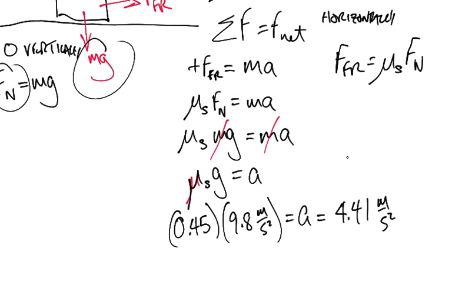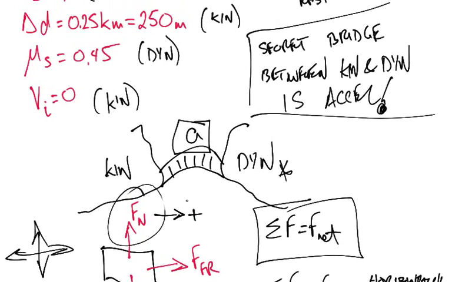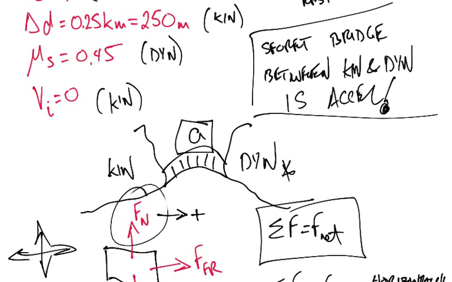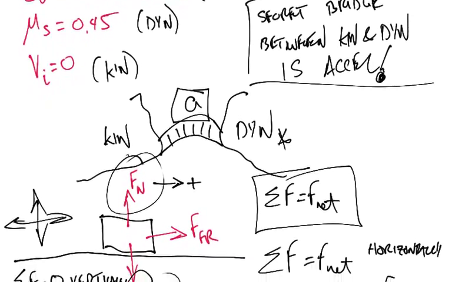Well, so far so good, but at this point this now turns into a kinematics problem, because if you go back to the beginning of the problem, look what we have. We have delta D, and we're looking for T, and we have VI.